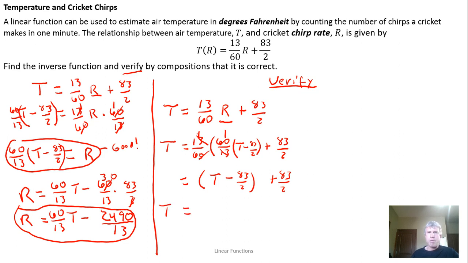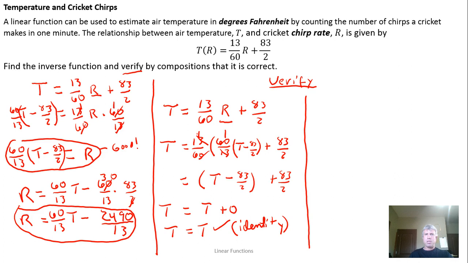So we get t equals, and then we have a minus 83 over 2 plus 83 over 2, which gives us a 0. And we wind up with t equals t. So our first composition checks; we get an identity, a true statement. Temperature is temperature. And then we need to verify the composition in the other direction.